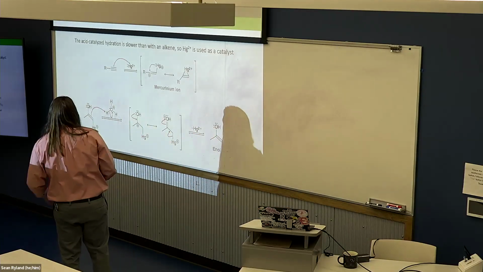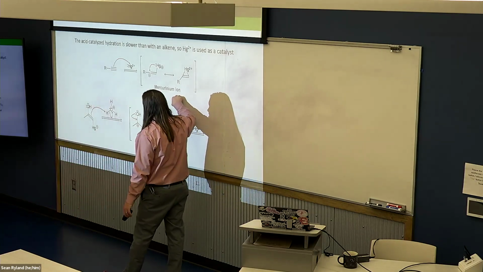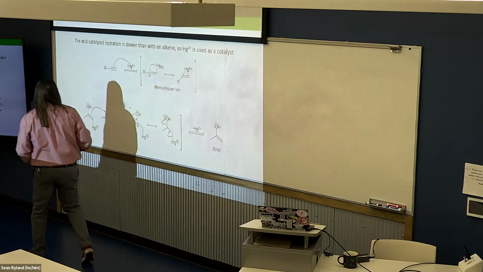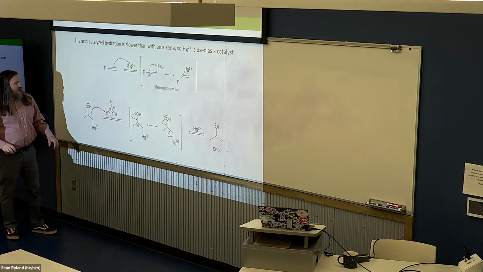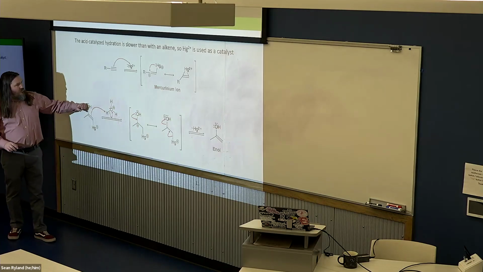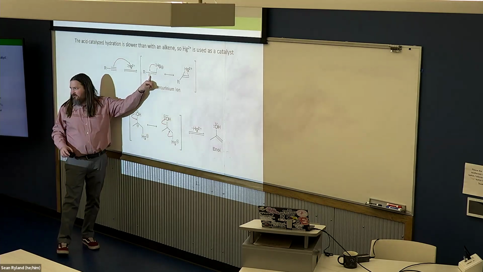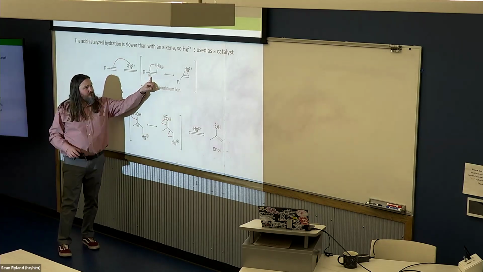Right, so once we get that mercurium ion, the next step is a water molecule comes in and attaches to the more substituted carbon. So it's still more substituted carbon involved.